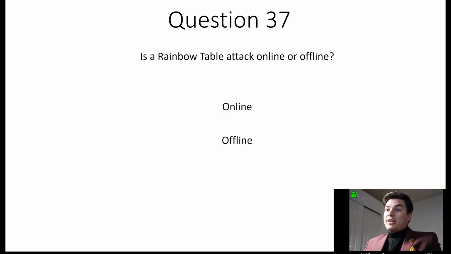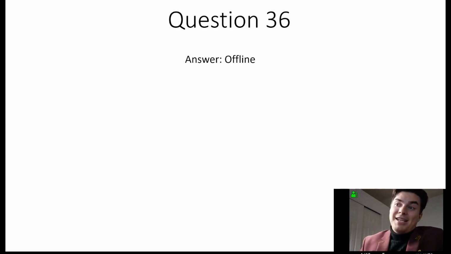If they can, they then try to use your username and password to log in, by kind of a reversed lookup between the rainbow table and the database they've broken into. So again, the rainbow table attack is offline.